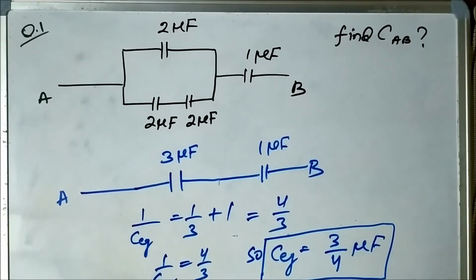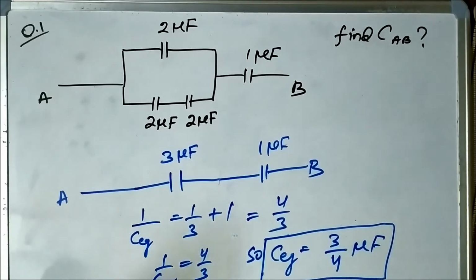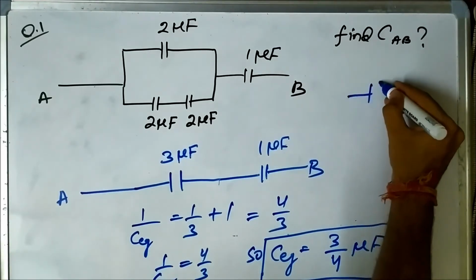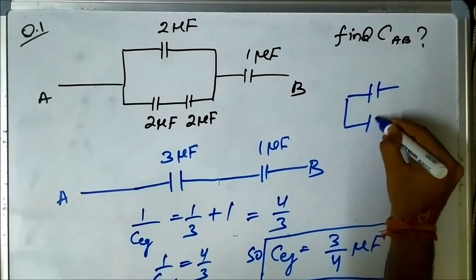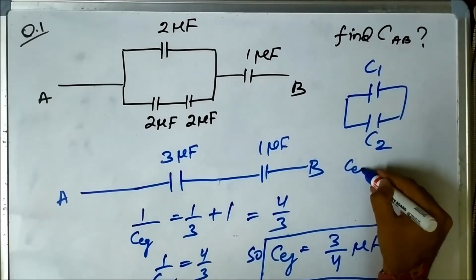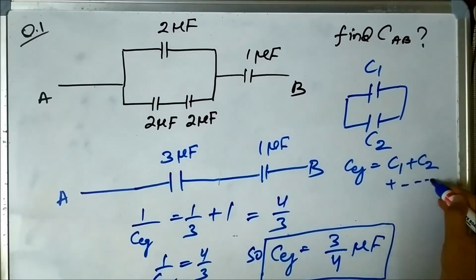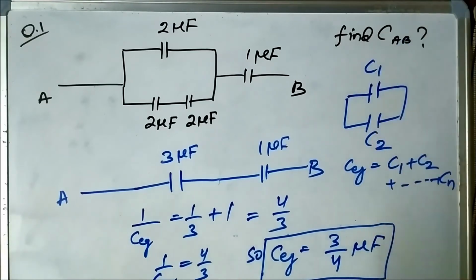So always take care that in case of capacitors, the series and parallel equivalent formulas are simply the opposite of those used in resistors and inductors. When capacitors C1 and C2 up to the nth are connected in parallel, the equivalent capacitance will be the addition C1 plus C2 and so on.